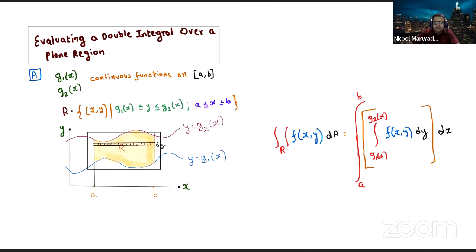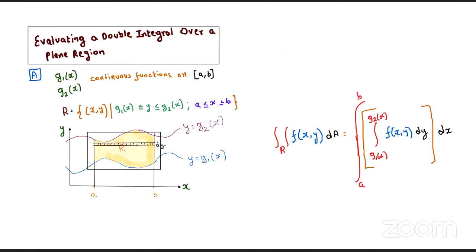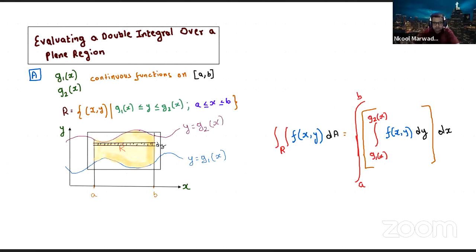When I integrate dy, I get the area along one side, the vertical side. But in order to get the total area, I have to do it along the other side also. So for that, I have to consider dx also.